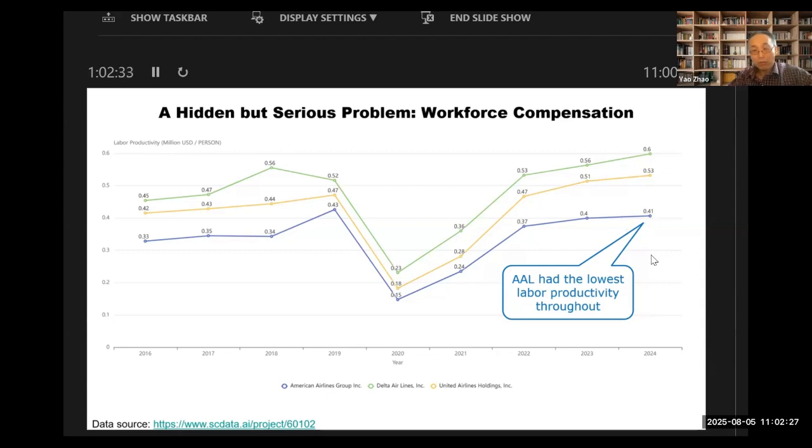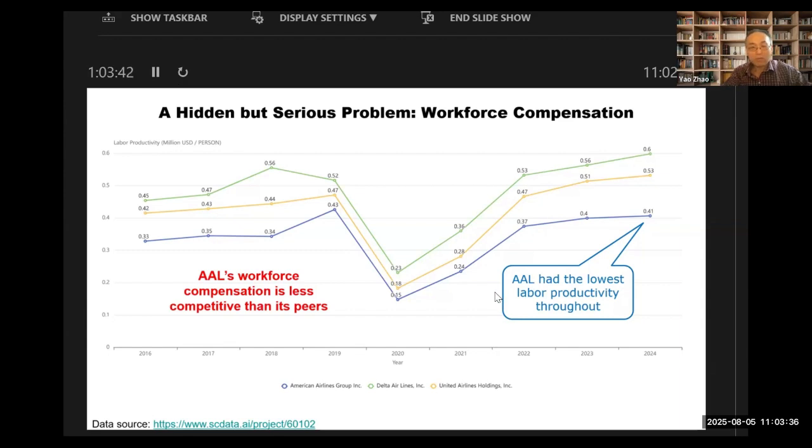In 2024, the labor productivity for American Airlines is one employee made about $410,000 of revenue. But if you look at Delta, one employee contributes about $600,000 of revenue. And remember, they have roughly the same revenue. This means American Airlines hires a lot more employees than Delta, and together with the same spending on staff cost, American Airlines' workforce compensation is definitely less competitive than its peers.